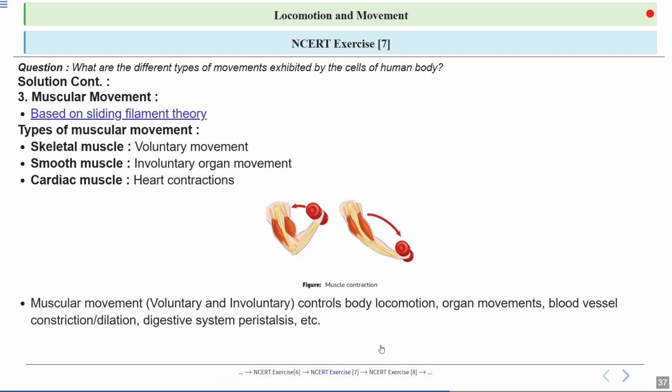To sum up, muscular movement, both voluntary and involuntary, controls everything from how we move our bodies to how our organs function. It also regulates things like blood vessel diameter and the movement of food through the digestive tract. Understanding these types of movement helps us appreciate how complex and coordinated our bodies work.